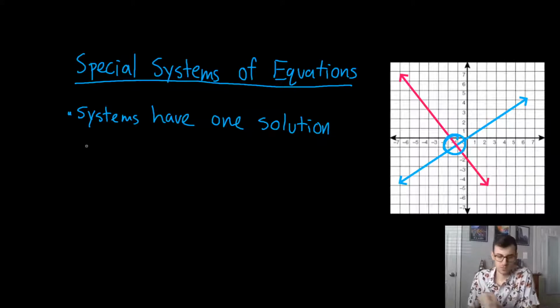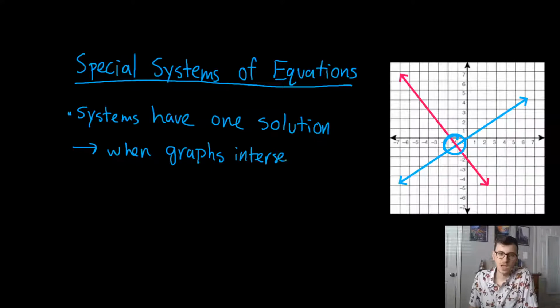It's where the graphs intersect. And if we're looking at the equations of these types of systems, we'll notice that they have different slopes.